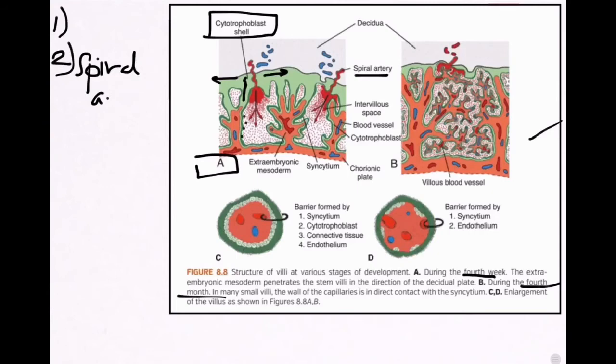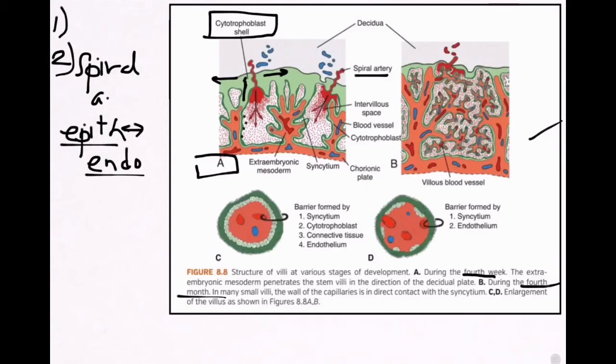So the cytotrophoblast undergoes what is known as epithelial to endothelial transition. Okay, and you can use a fancy word like endovascular invasion by the cytotrophoblast.